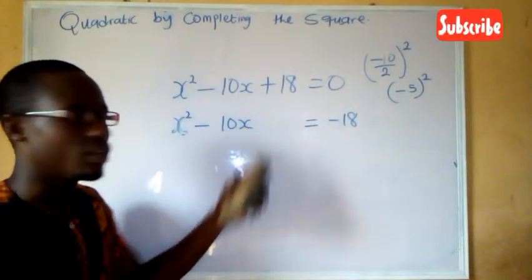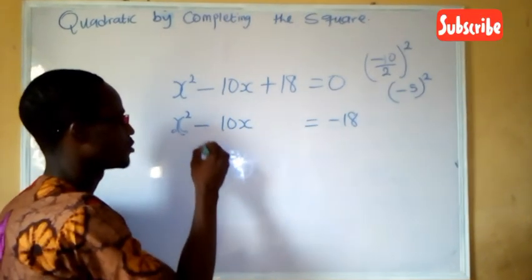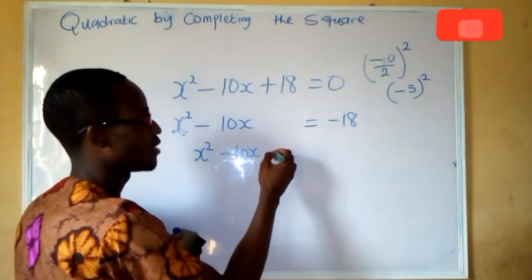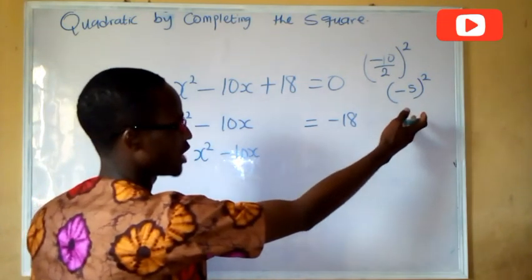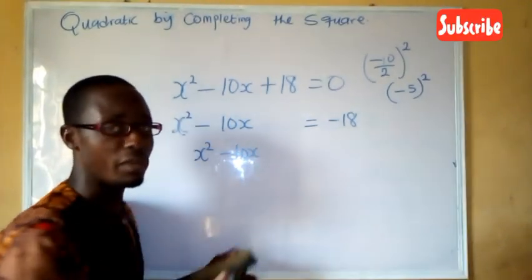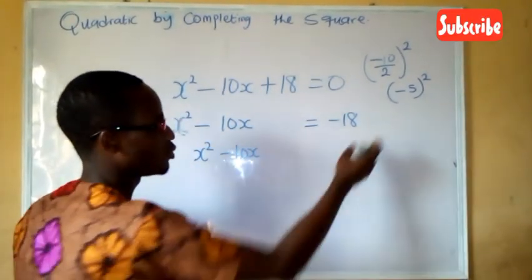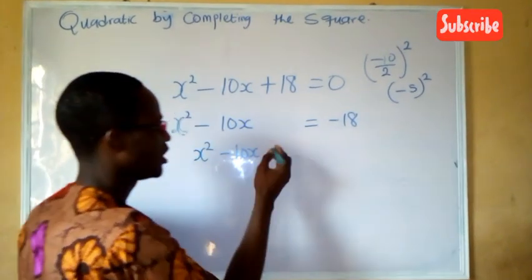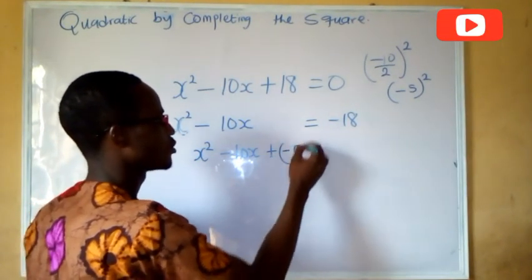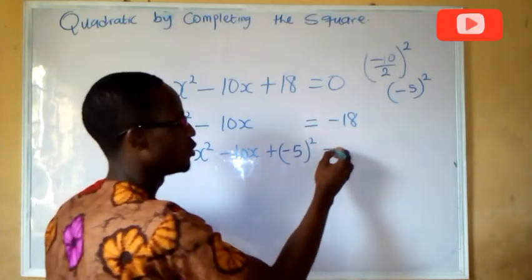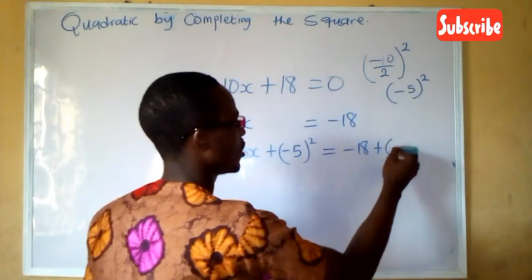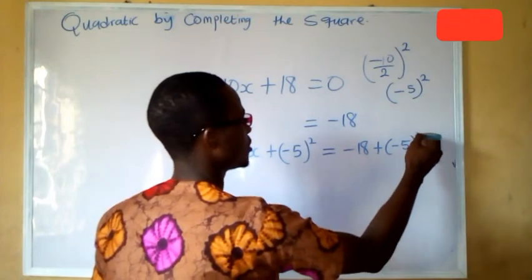Bringing that here, I'm going to have x squared minus 10x plus minus 5 squared. I'm adding that to both sides, because after I fit in the number here, in order to maintain the equality, I have to add it here also. So minus 18 plus minus 5 squared.